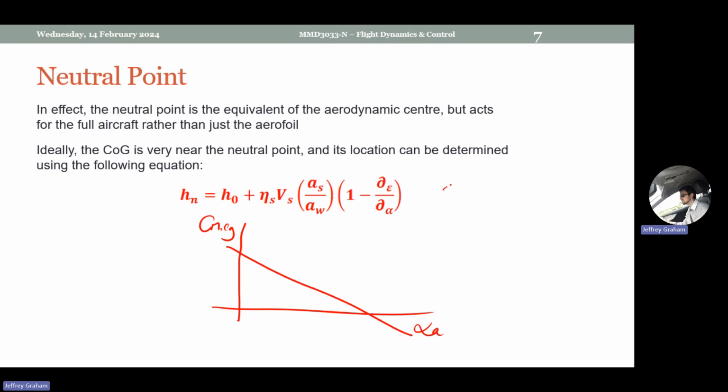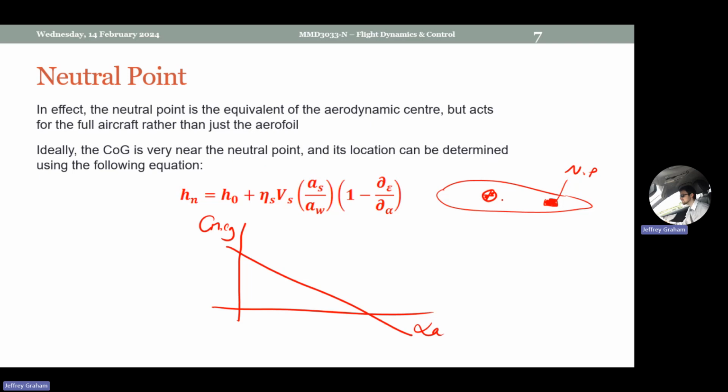So on an aircraft, there's the main airfoil. Obviously, you'll have the tail section further back. Your neutral point might sit about here, and your center of gravity might sit there. Right.